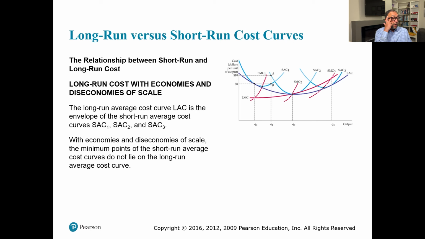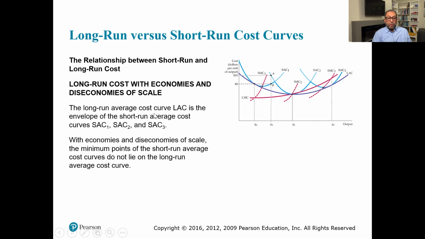Last thing is the long run average cost curve, the relationship between short run and long run average cost curves. Here this purple line is the long run average cost curve, and we see many short run average cost curves within the envelope of the long run average cost curve.